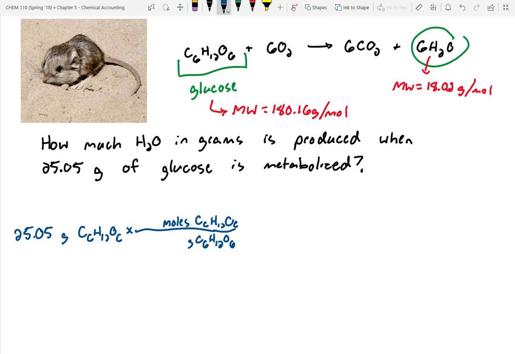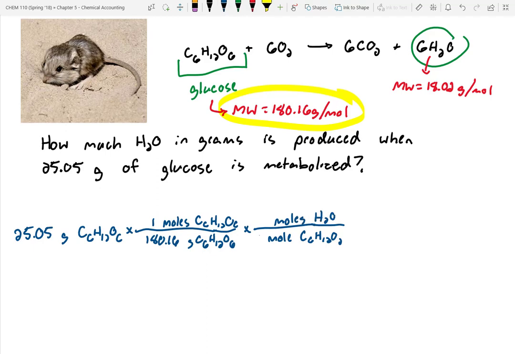And just like up here, we know that there's 180.16 grams for every 1 mole, so we can do that gram to mole conversion. And now what we need to do is convert from moles of glucose to moles of water.